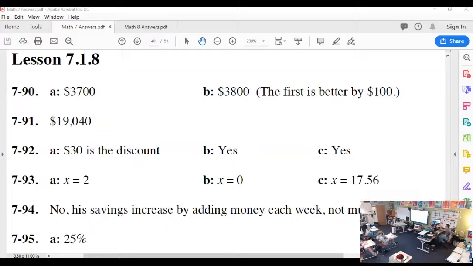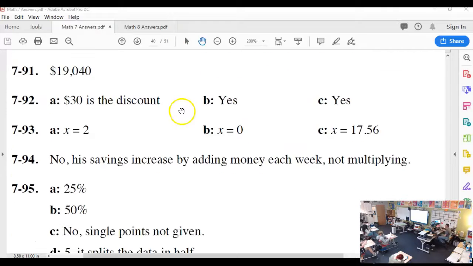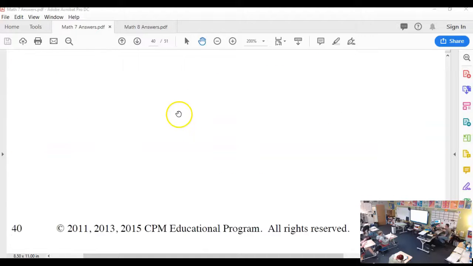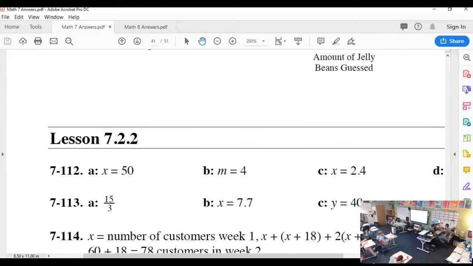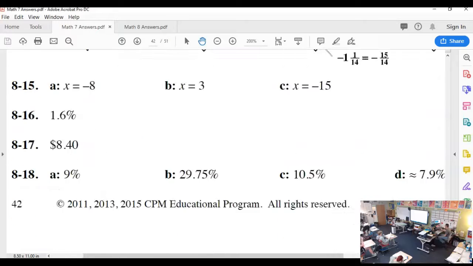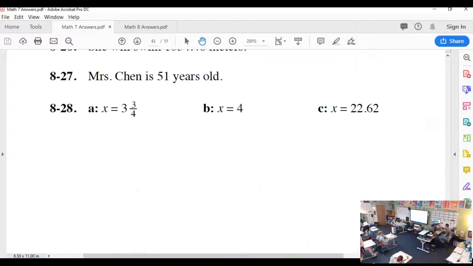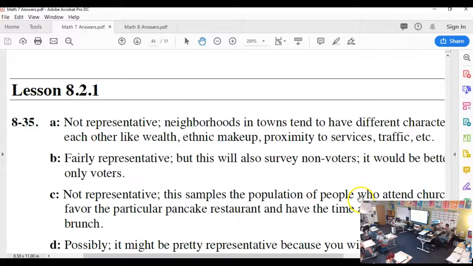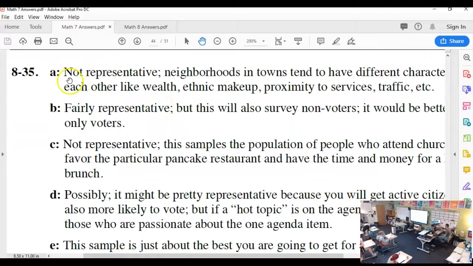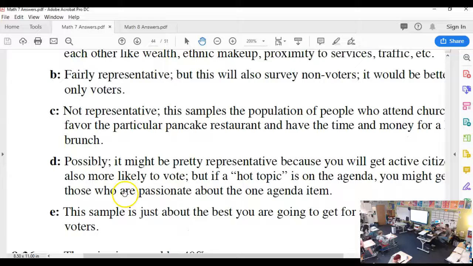I could throw the answers up in this video real quick. So actually, let's go ahead and I'm going to scroll down and show. I got to jump past the lessons that we skipped, and I'll come back for other questions. But in case you're wanting to check your homework over the weekend for 8-2-1 and 8-2-2, we have whether a sample is fairly representative or not representative, possibly.